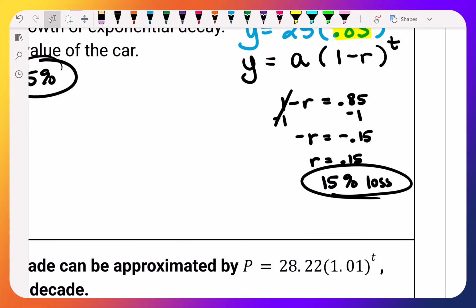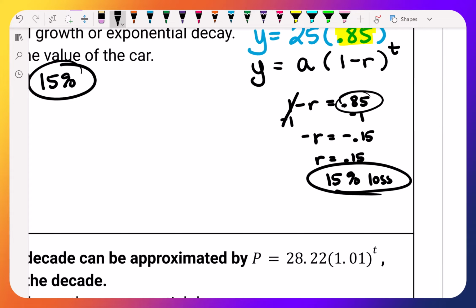So if you start with 100% of the value and you take away 85%, that means you're losing 15%. This 85 is what you're keeping. That's what you're maintaining. So you're keeping 85%, but you're losing 15%. That's how you reason it out in your head.